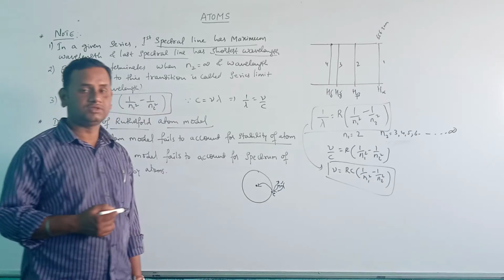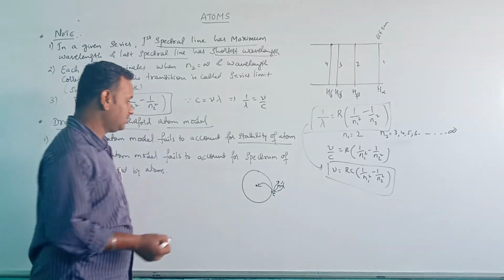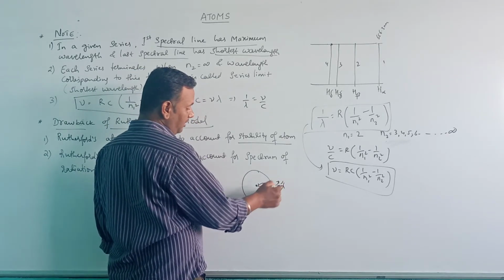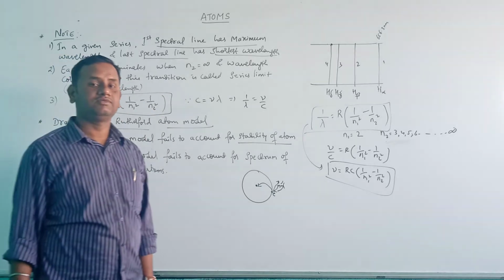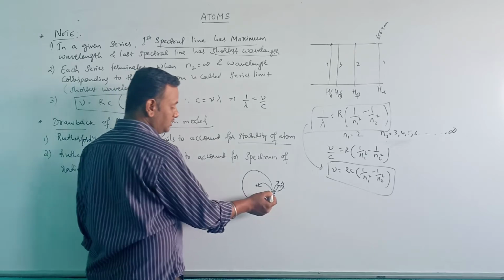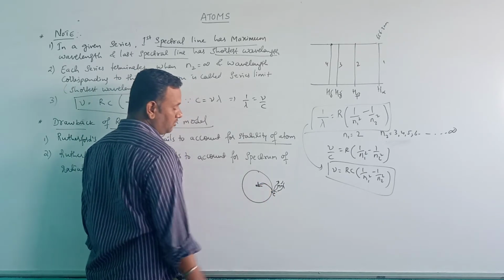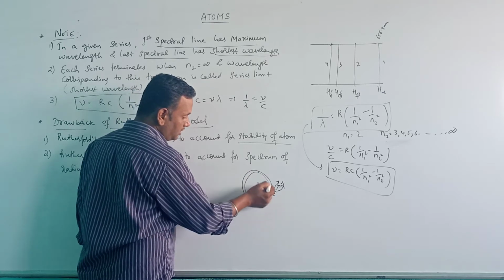From this we can know that no such atom is stable. The electrons which are continuously revolving around the nucleus emit their energy in the form of electromagnetic waves, in the form of radiations. That is how this electron may fall towards the nucleus. Slowly the radius goes on decreasing.